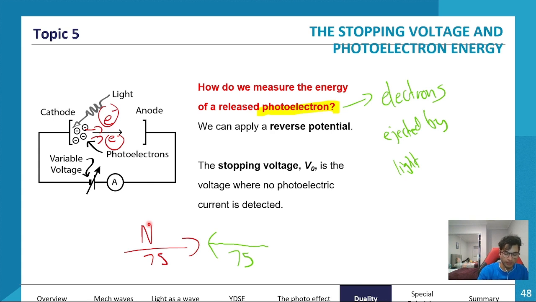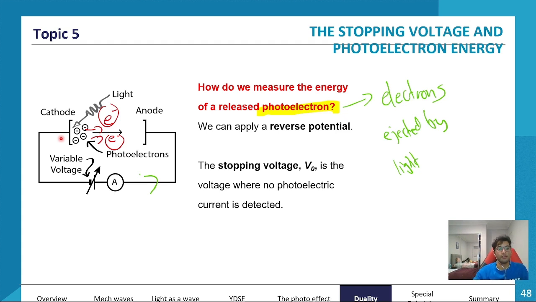And that's basically what the scientists did. They used a reverse potential. The current of the photoelectrons is going to the right, clockwise. But with the reverse potential, they induced a current going in the opposite direction, anti-clockwise. And they changed the voltage until there was no current.